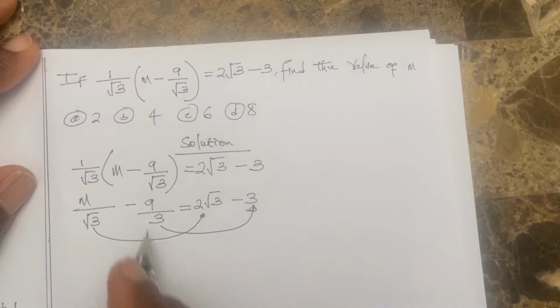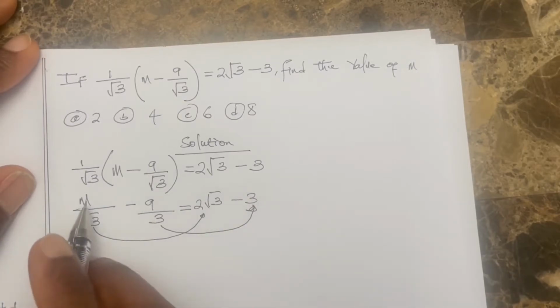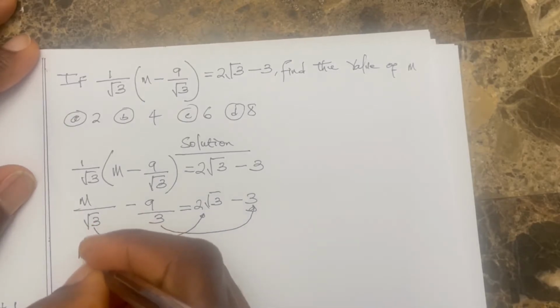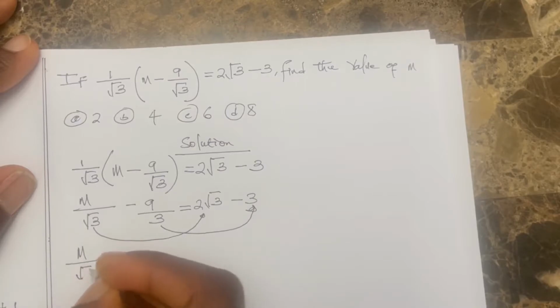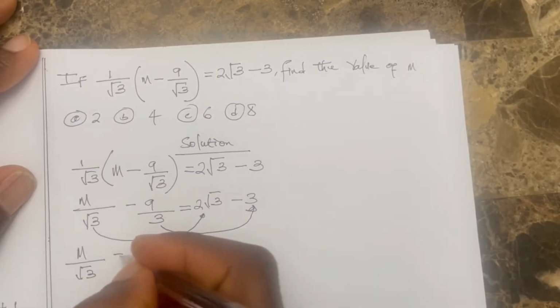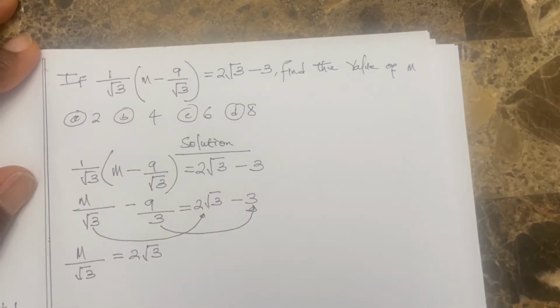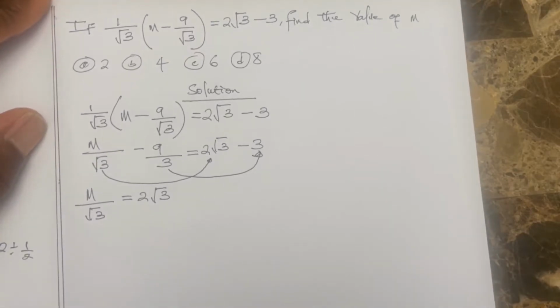They can be equal. So minus 9 over 3 is the same as minus 3. So I can say m over root 3 is equal to 2 root 3.